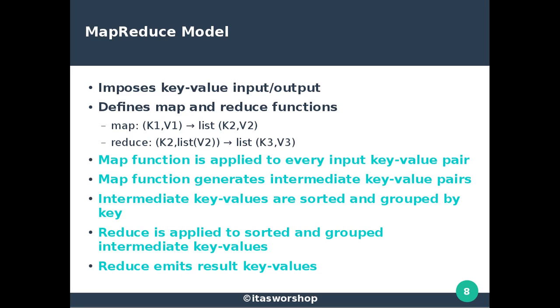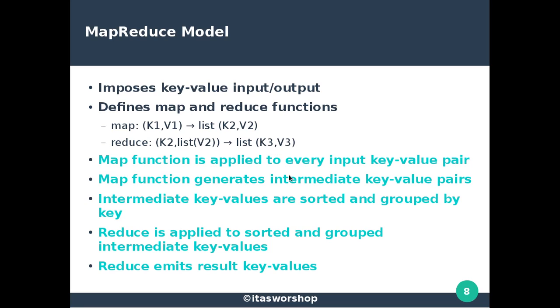So the map function will be taking, according to this key, a particular value like k1 v1, and then it gives you an intermediate result, which is k2 v2. Now the reduce function takes this intermediate result according to key k2. It performs reduction, like summing up all the value 2s, and gives you k3 v3.